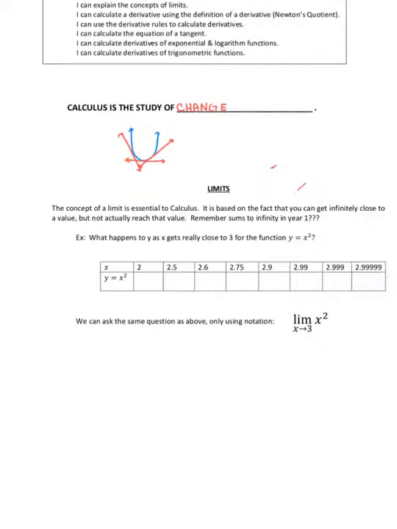Now, it is important to look at values to the left and to the right of 3. This is easy, right? We can plug in a number and we'll get an output that will be the limit, and we'll talk about that. But for now, take your graphing calculator, put y equals x squared, find a table, put in those values, write them down.